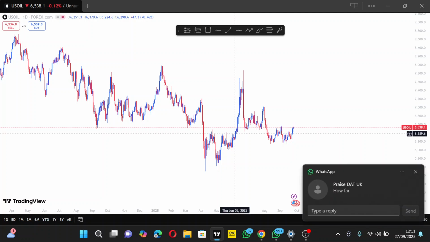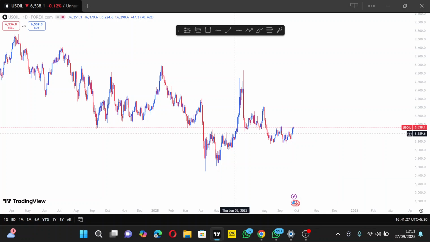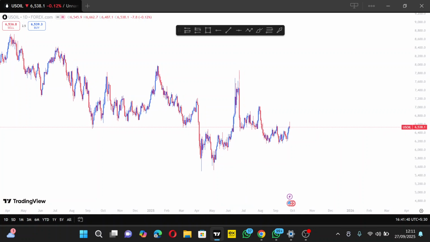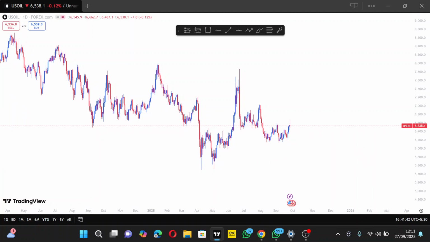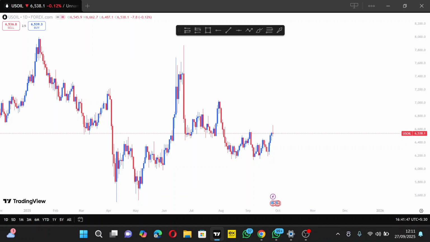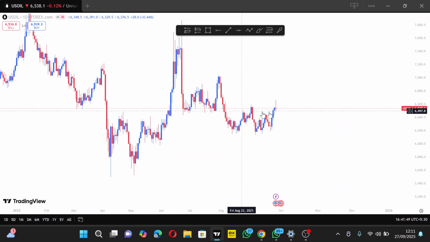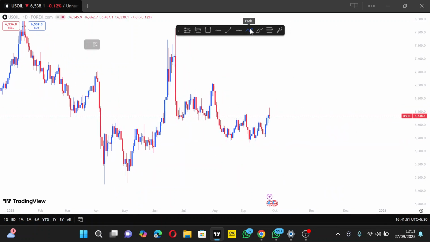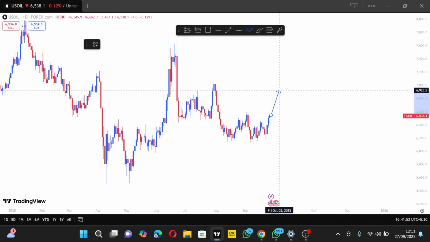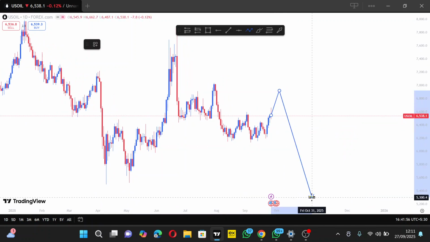Okay, let's see what's going to happen. I use forex.com, that's the one I use. Okay, now I've seen what's happening with US oil. This is what we are going to be expecting: expect this move to tap here and drop.